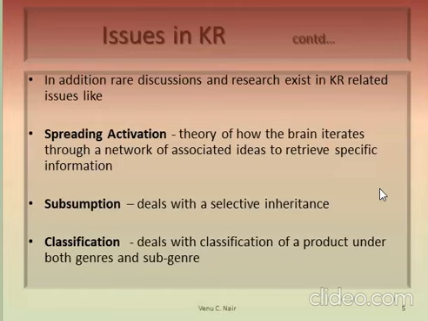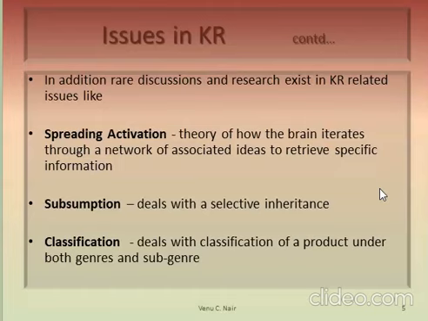Another one is classification, which deals with classification of a product or an object under a group or a subgroup. We can group the project into a full group or a subgroup.